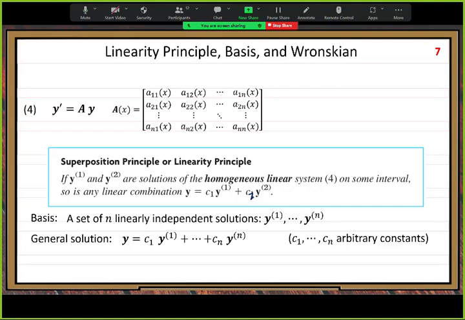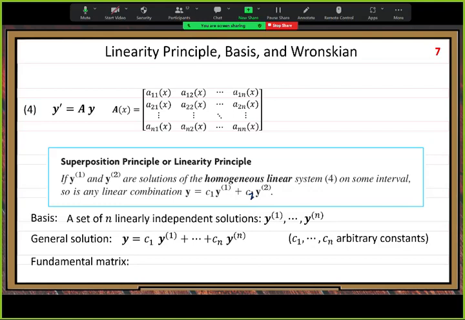All right. Fundamental matrix. The term fundamental matrix arises because we have n vector solutions. Each solution is an n-dimensional vector.